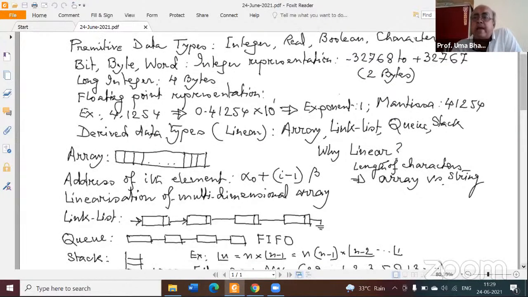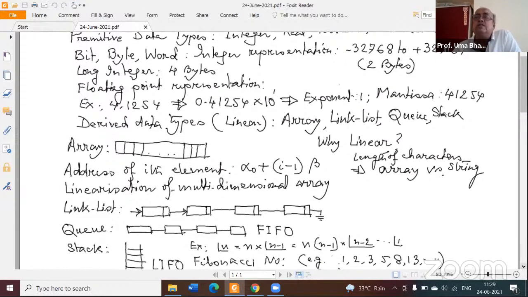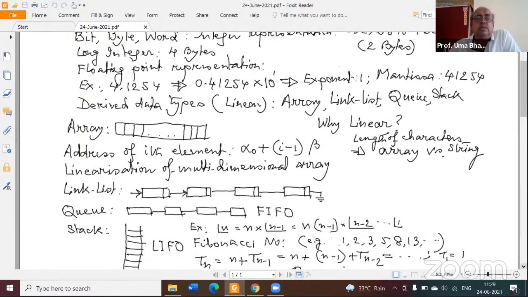And finally, stack. What is stack? Where these are stored in such a way that the element which has been introduced last will be treated first. Stack, LIFO, last in, first out. I have given a small picture. Think of storing books, the way we carry books in hand. If we carry 5 books in hand, how do we carry?